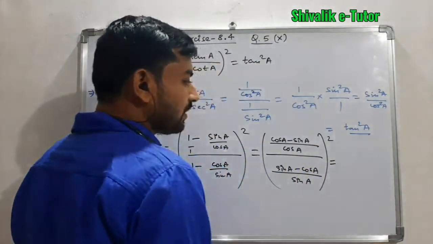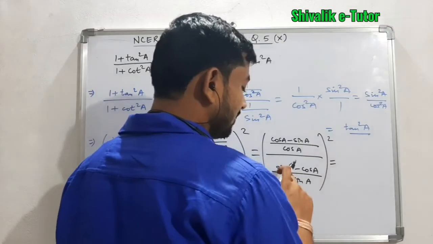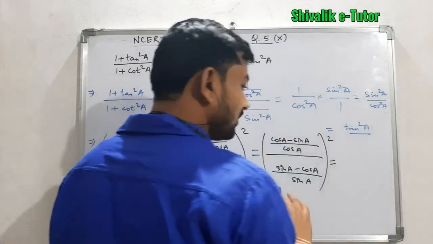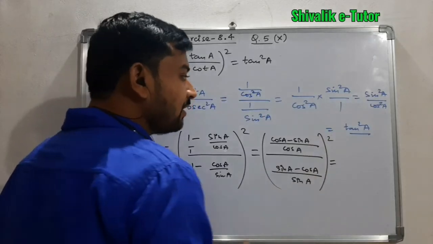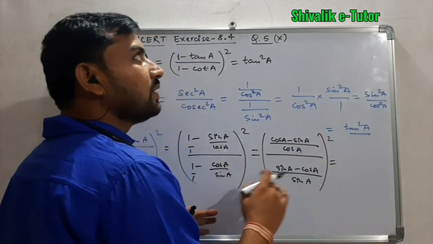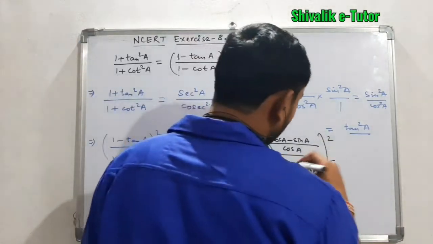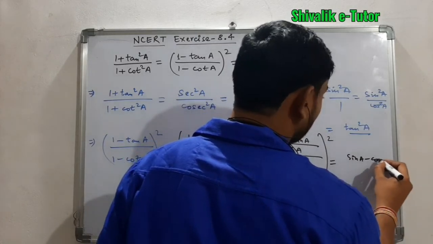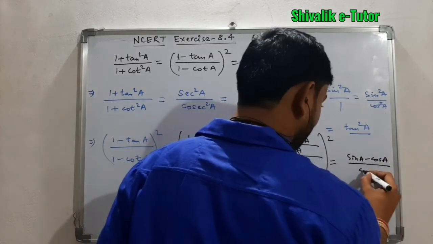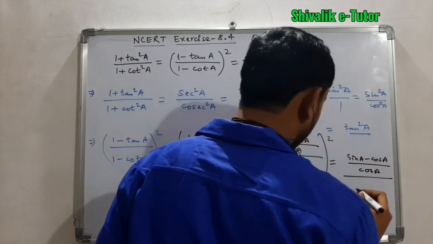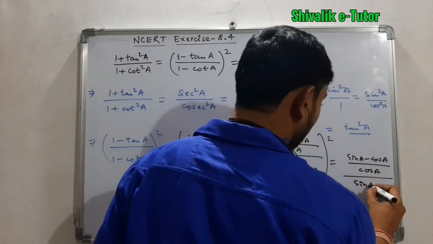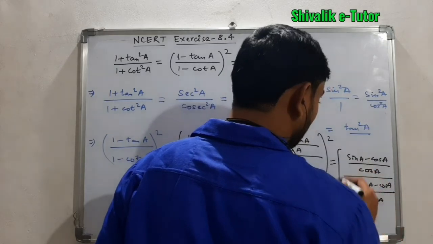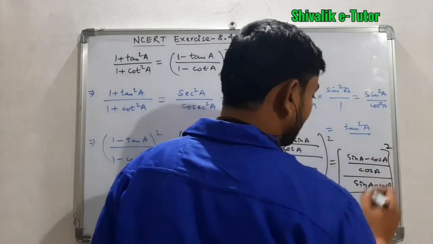So from here, what we are getting, cos A minus sin A, and this is sin A minus cos A. If we take minus sin common here, this will be making no change as it is square. स्क्वायर से बाहर जब उसको लेंगे तो -1 का स्क्वायर 1 हो जाएगा. So we can rearrange this and write it as sin A minus cos A upon cos A divided by sin A minus cos A upon sin A, and the whole square of this whole expression like this.